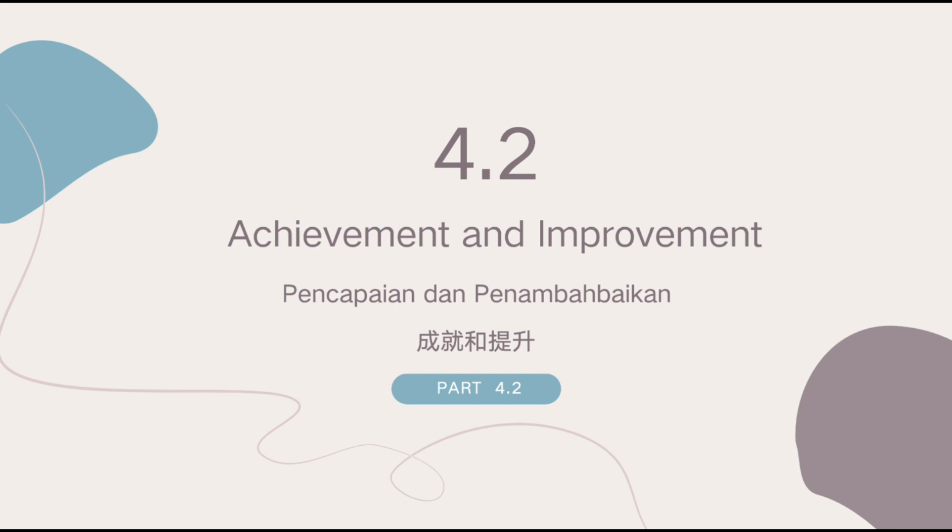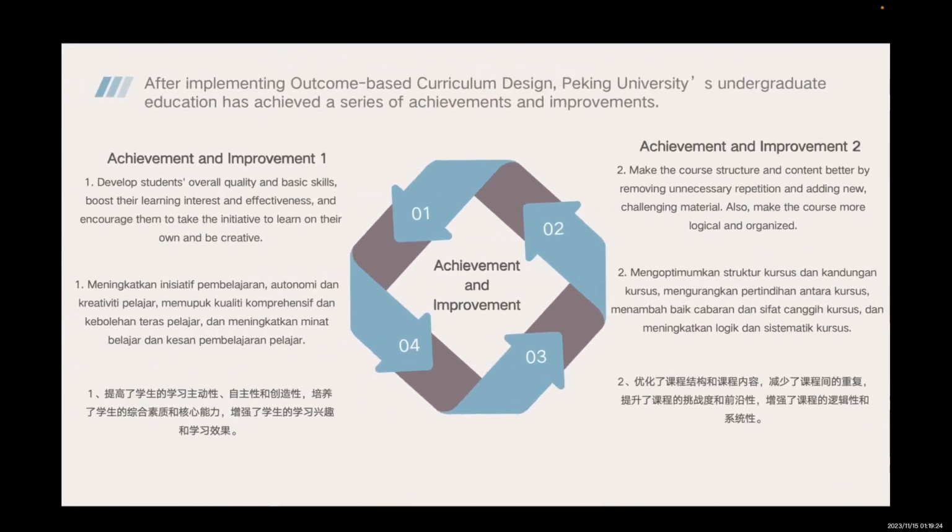Okay, this is the last part, which is achievement and improvement. After implementing outcome-based curriculum design, Duke University's undergraduate education has achieved a series of achievements and improvements. We can see this especially in five aspects.